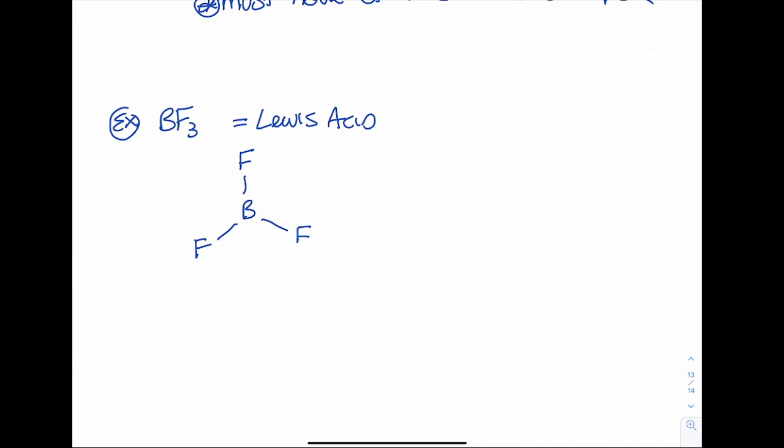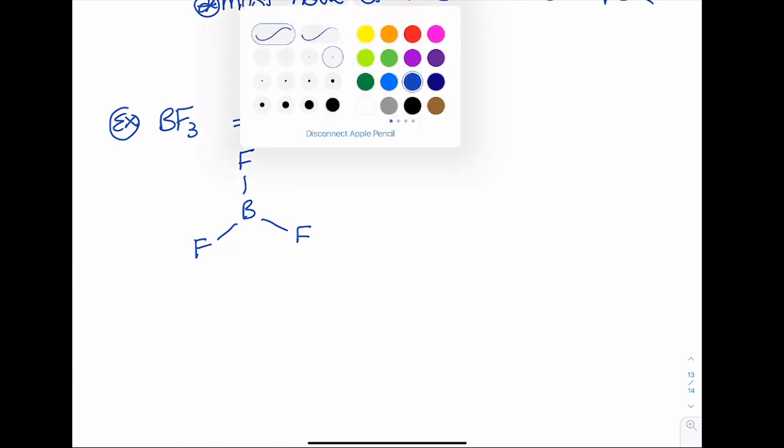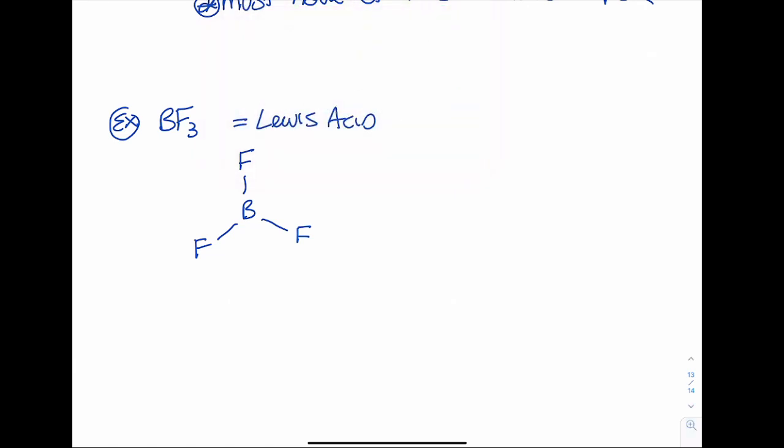I do have three lone pairs on each of those fluorines, which I'm not going to draw. I'm not putting a formal charge on them, so we know that it's there, which means this boron here is sp2 hybridized. Right? It has three electron groups. Three electron groups are sp2 hybridized.